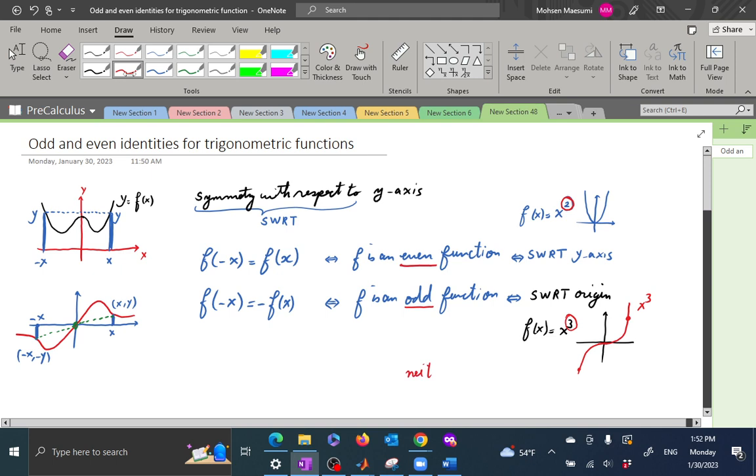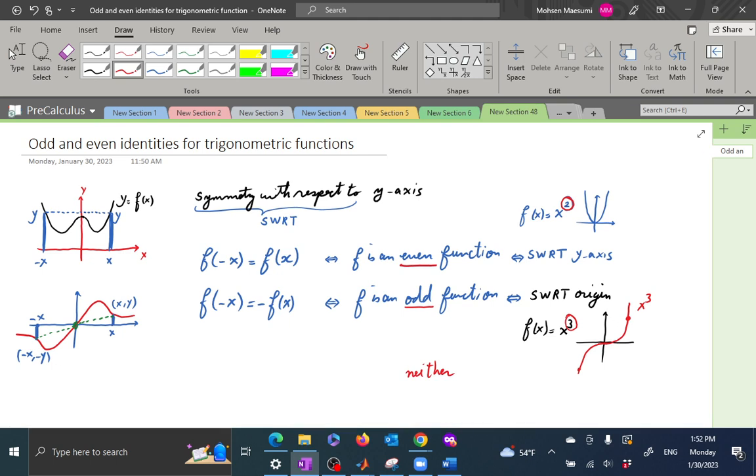So neither, well, of course it means your function is neither even nor odd. That doesn't mean the function doesn't have symmetry. Perhaps its axis of symmetry is somewhere else, perhaps its point of symmetry is somewhere else, perhaps it's some other kind of symmetry it has. So there are many types of symmetry all around us.